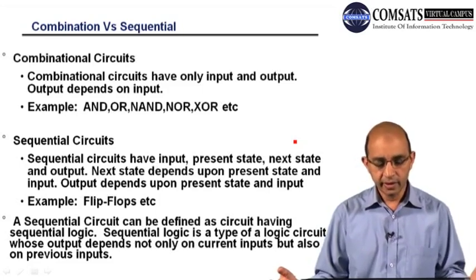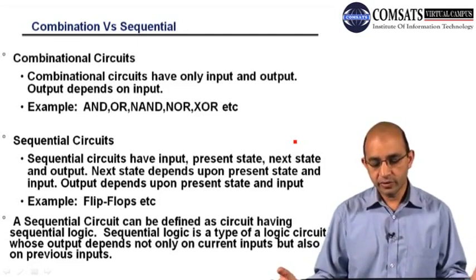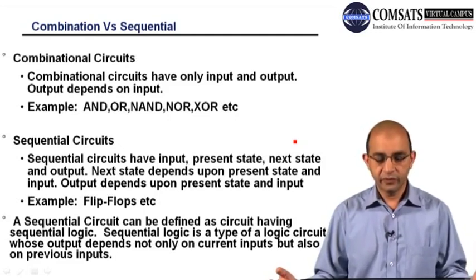On the other hand, in sequential circuits, we have the input, we have to look at the present state, and we are also concentrating on the next state. The output is always the focal point, even in combinational circuits.